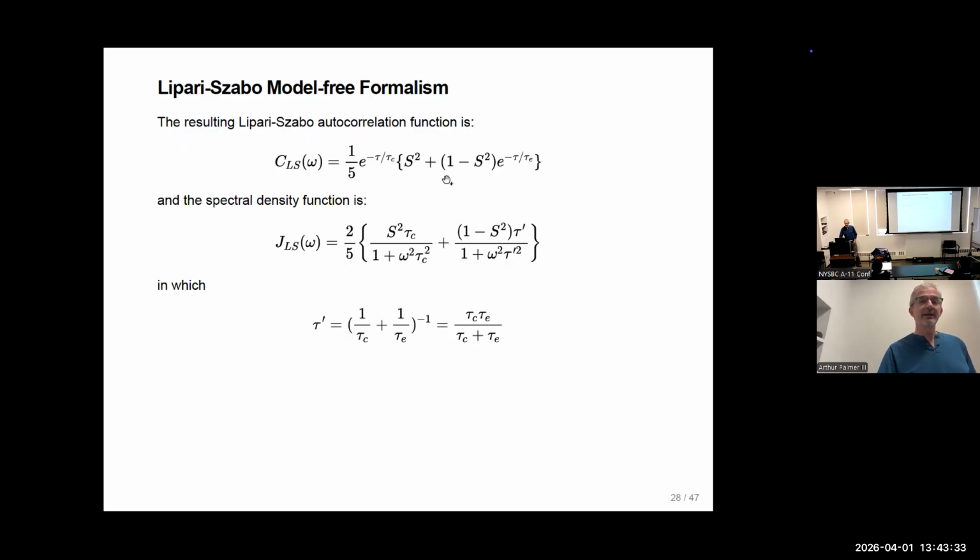We could then multiply that by overall tumbling, because we were assuming independence, so we could factor, and then Fourier transform. So here's the Lipari-Szabo so-called model-free spectral density function, and here tau prime ends up being whatever this is called, the geometric mean, maybe.